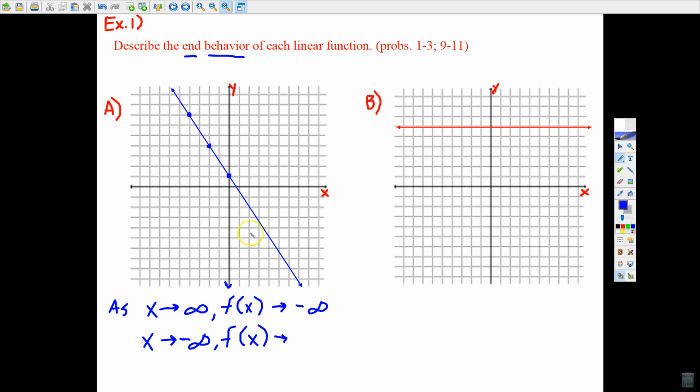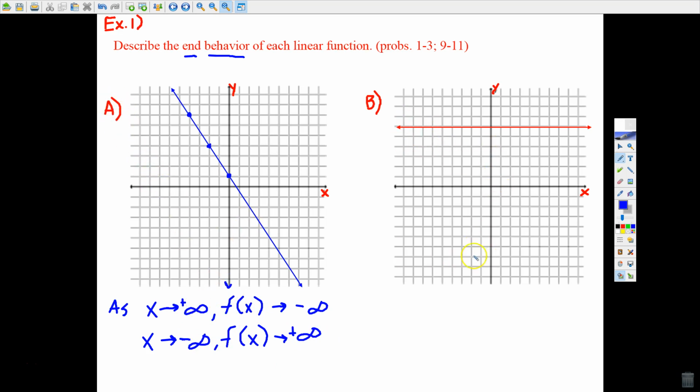So as x, the values for the domain, approach negative infinity, the function itself is approaching positive infinity. And it's okay, again, if you want to put plus signs for these, no problem. I would accept either way. So that would be a complete answer for letter A.